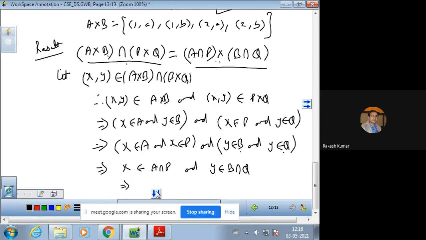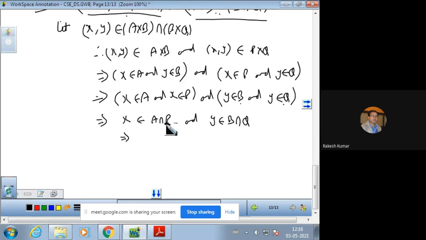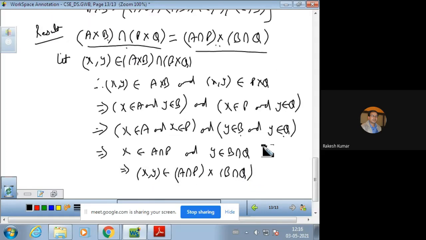Now if x is in A intersection P and y is in B intersection Q, so the ordered pair (x, y) should be in (A intersection P) cross (B intersection Q). So now see, the ordered pair (x, y) comes in this set.